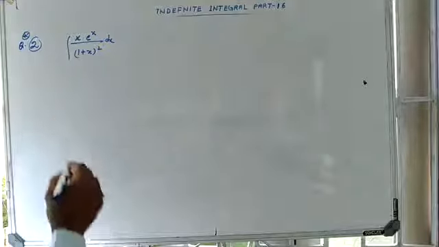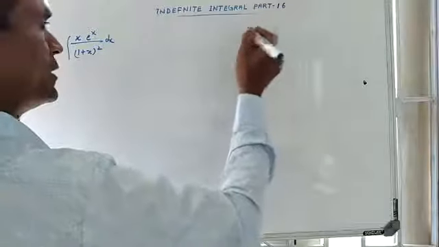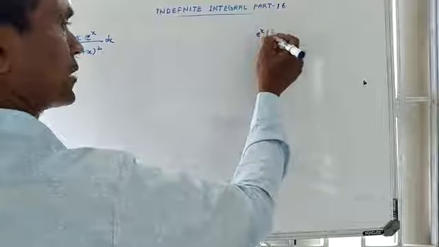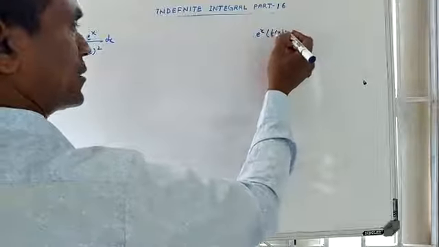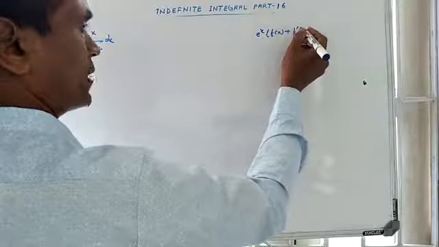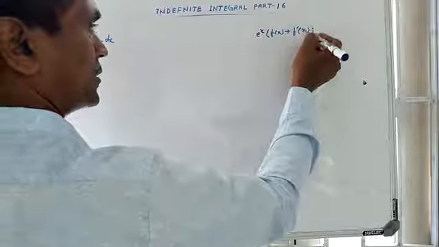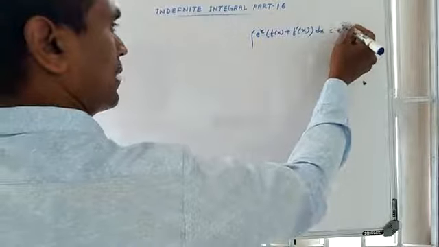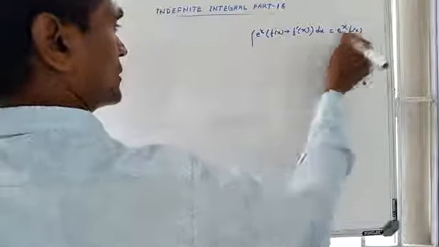This question is based on the formula: integral of e to the power x times f x plus f dash x dx is equal to e to the power x f x.